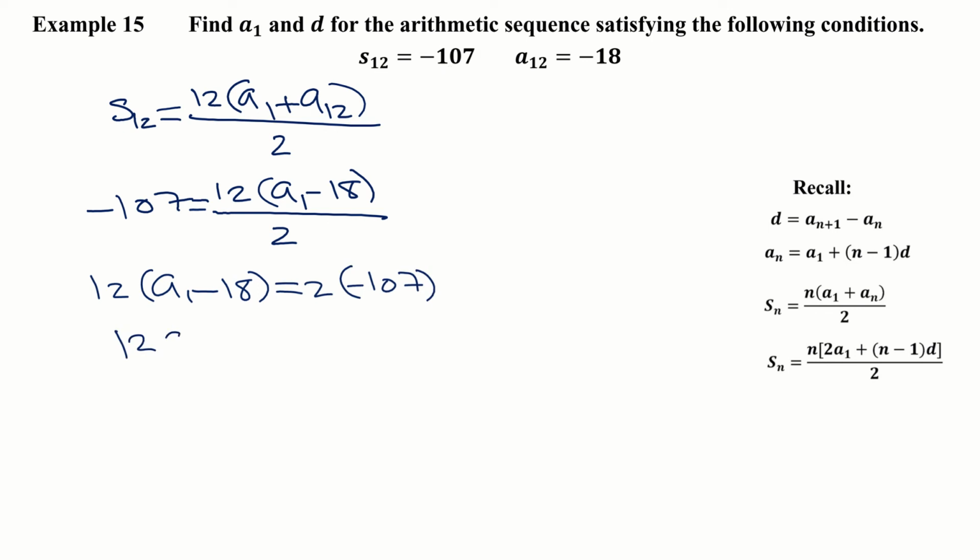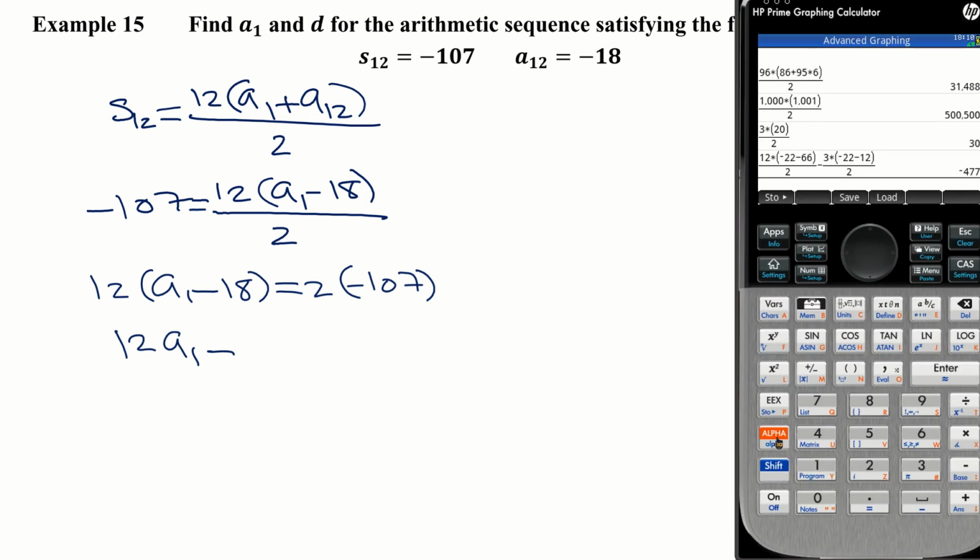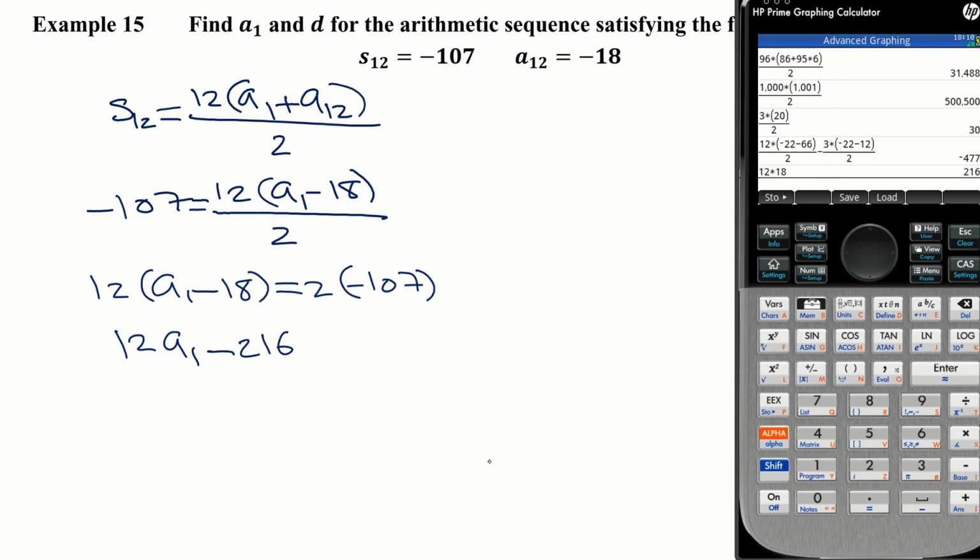So 12A1 minus, we need to know what 12 times 18 is. So 12 times 18, 216, so minus 216 is equal to 2 times -107, that should be -214, right?